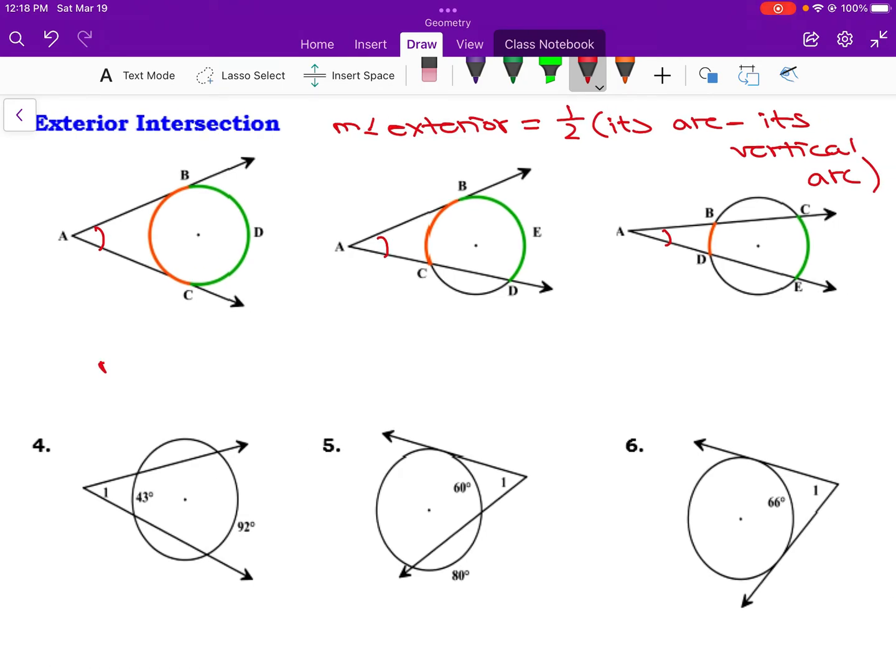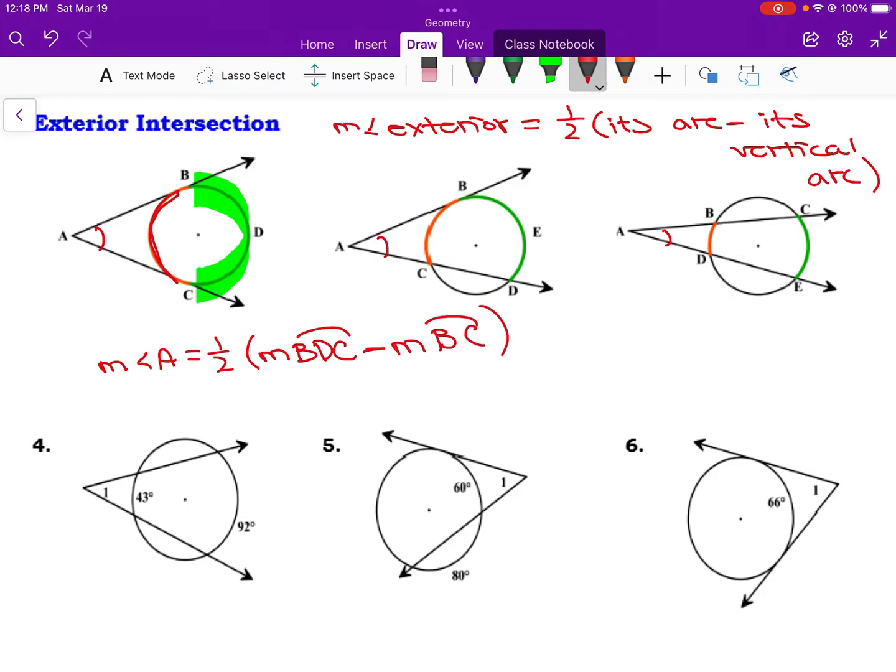But another way to formulate that is the measure of angle A is going to be 1/2 of the measure of arc BDC. So it's like we're taking this whole piece in green minus the measure of arc BC, which is the piece in red here.